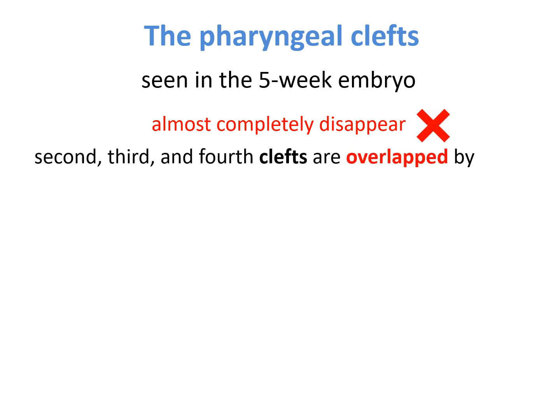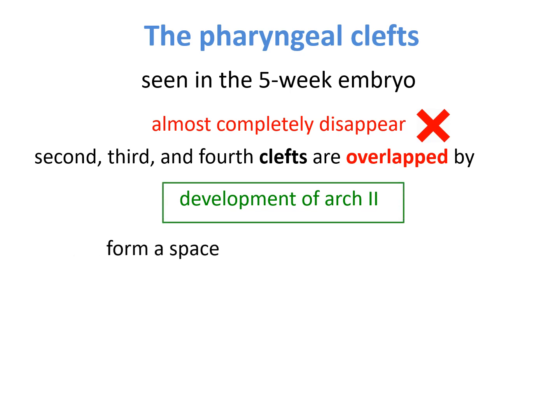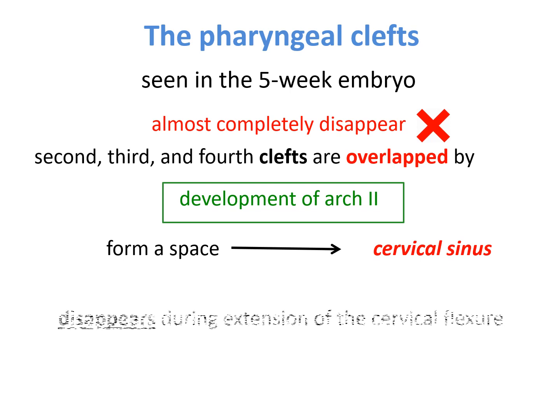The second, third and fourth clefts are overlapped by the development of arch 2, its ectoderm, and form a space. This space is called the cervical sinus, and this cervical sinus should disappear during extension of the cervical flexure.